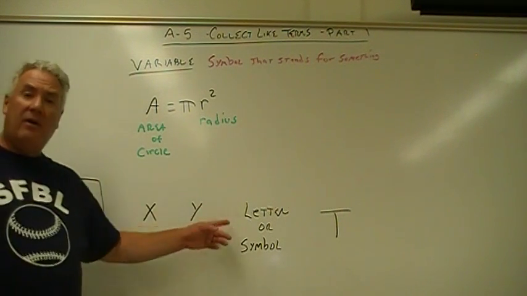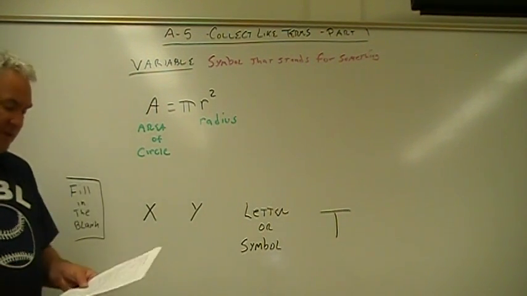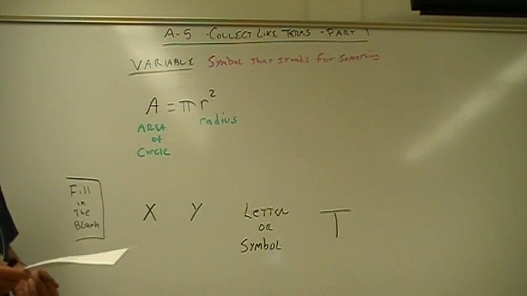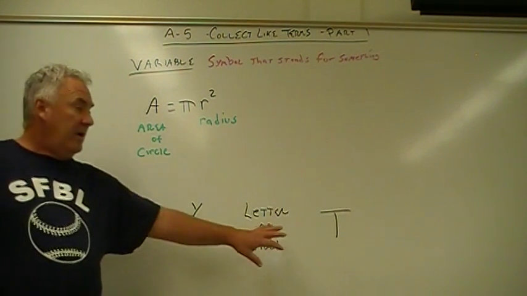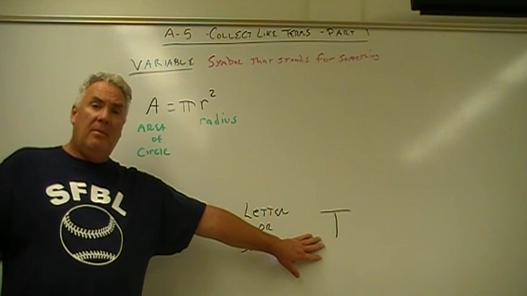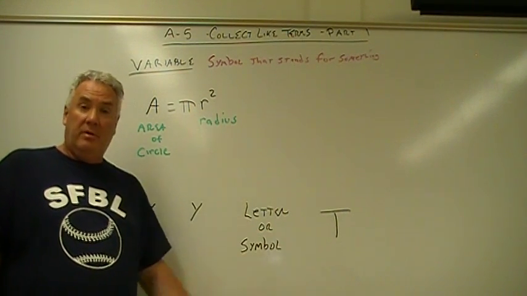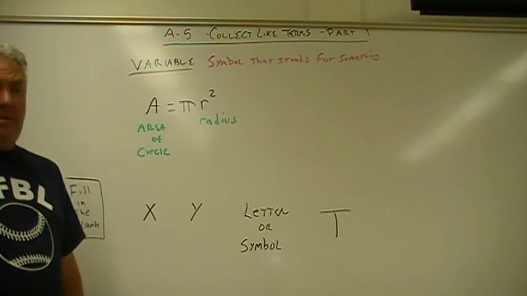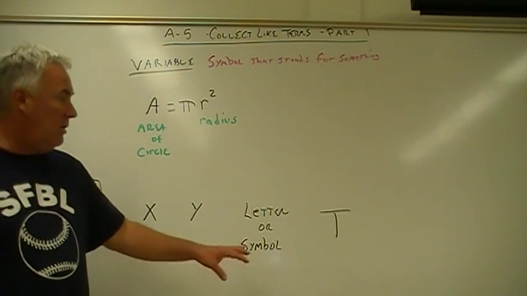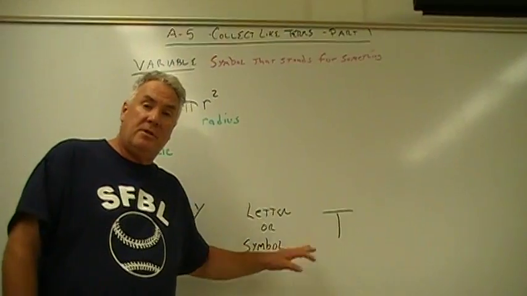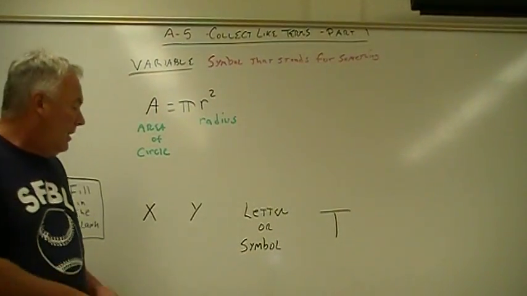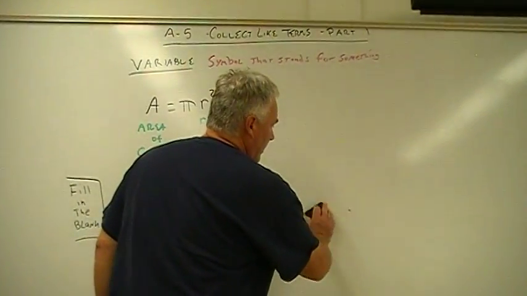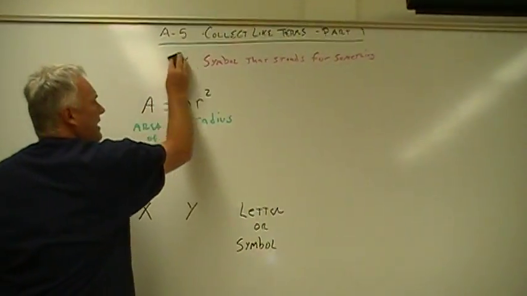But any letter or symbol can be used. If we were doing a problem involving how many tickets the band sold for its show, we could use T for tickets. So variables could be anything.